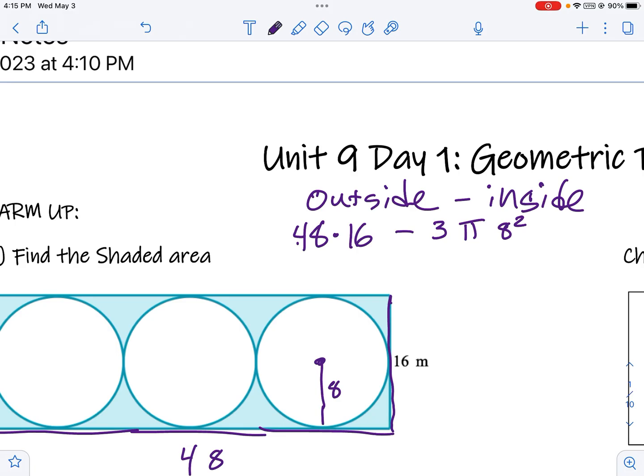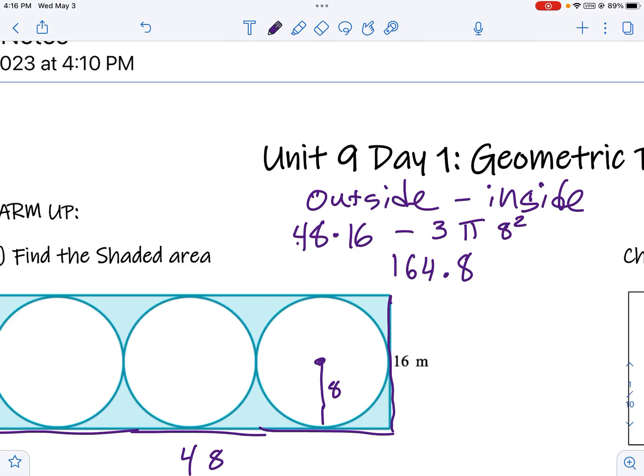So 48 times 16, and then minus 3 times, I'm going to do the pi button, but you guys might have used 3.14, so maybe you're going to get something a little bit different, but then I'll multiply that by 8 squared, and I'll get 164.8.